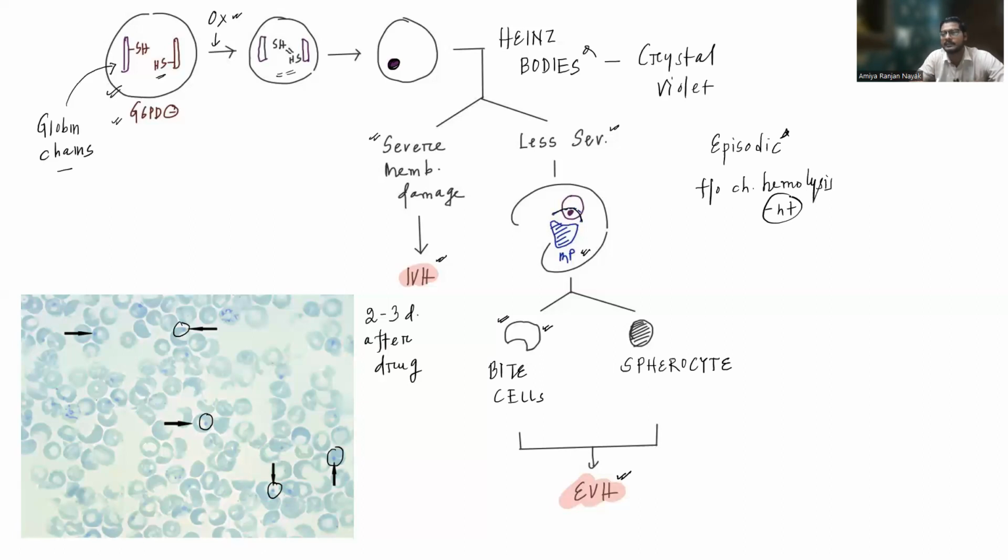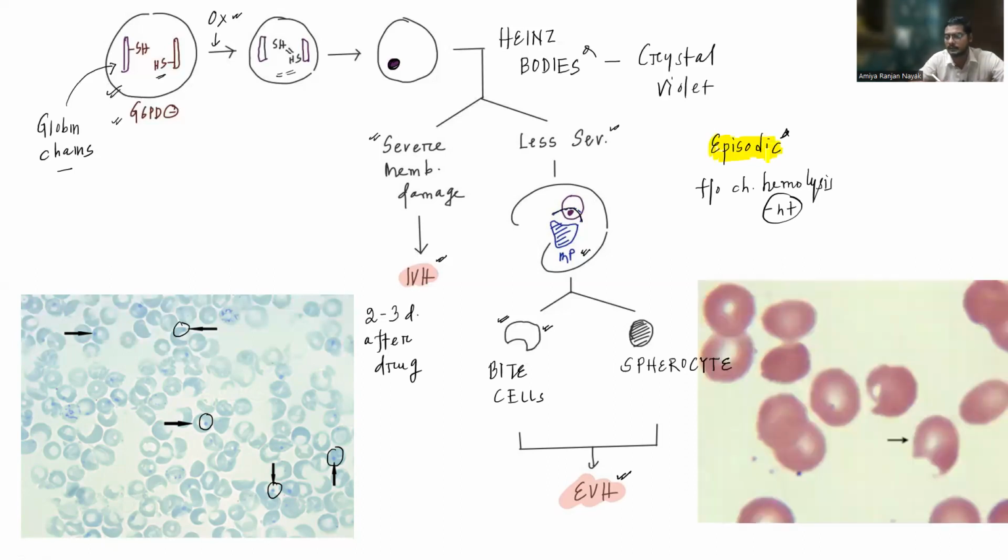But in G6PD deficiency, you are not going to see those things because it is episodic hemolysis. Similarly, if intravascular hemolysis is happening persistently, that can land up in iron deficiency. But that is unusual in this case because it is episodic.